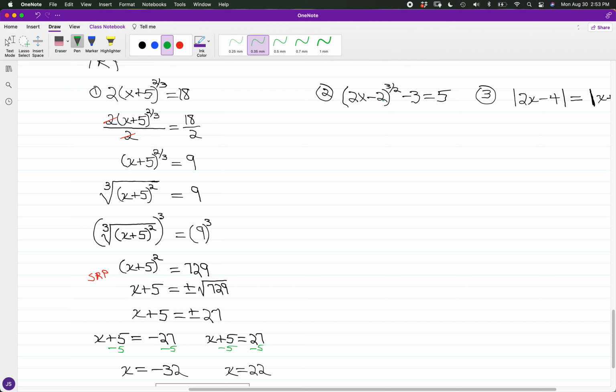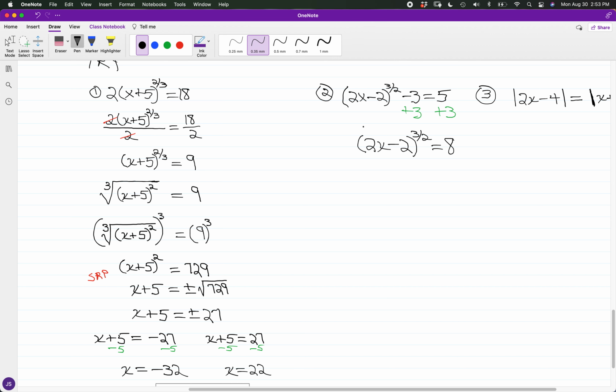And if we look at just isolating the exponential term or expression, I'm just going to add 3 to both ends. So this is going to come down to 2x minus 2 to the 3 halves is equal to 5 plus 3, which is going to be 8.